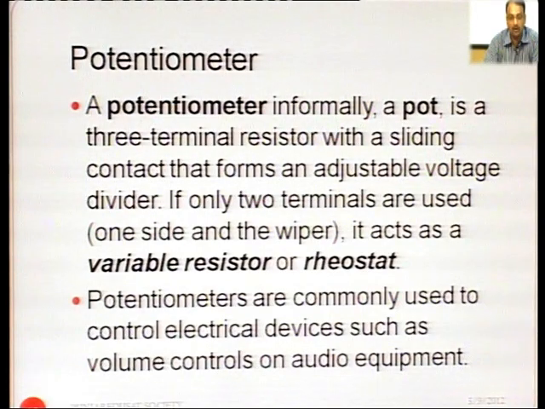If only 2 terminals are used, one is fixed, one is the wiper, that is movable, it acts as a variable resistor or rheostat. If there are 3 terminals, 2 are fixed and the third one is movable, then it is known as a potentiometer.